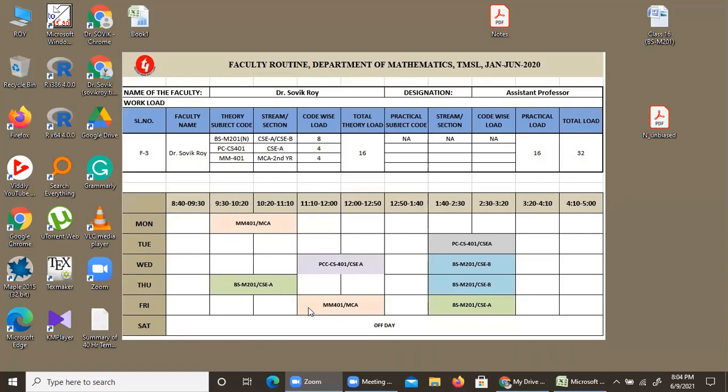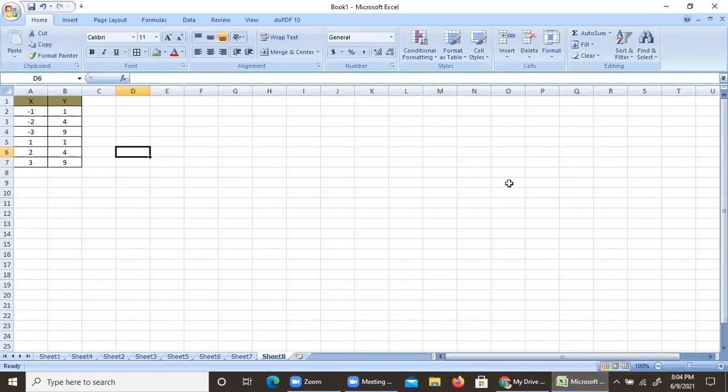Okay, so I'm going to start my screen sharing with you, and for which, first of all, I'm going to share the Excel sheet. If my Excel sheet is visible, please, any one of you raise your hand so that I can understand that you can see my Excel sheet. Okay, two people have done so.